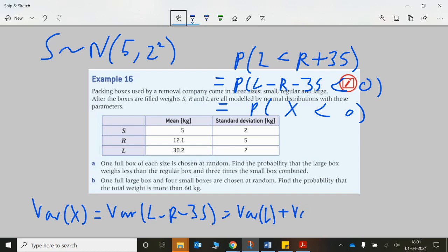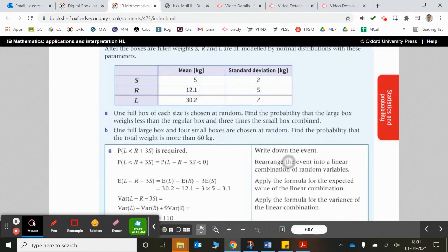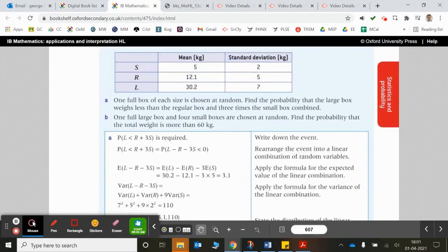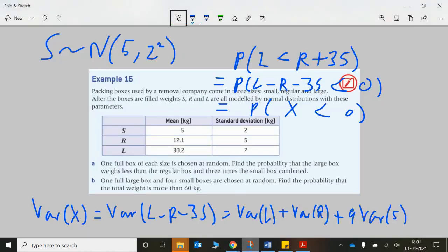So plus the variance of R, and then plus minus 3 squared, so 9 lots of the variance of the smaller box. Okay, so again, if I sneak a little look at this one, we can see that's coming to 110.